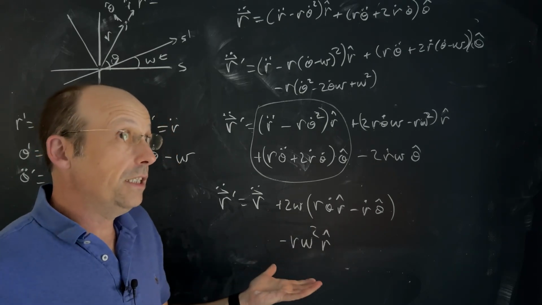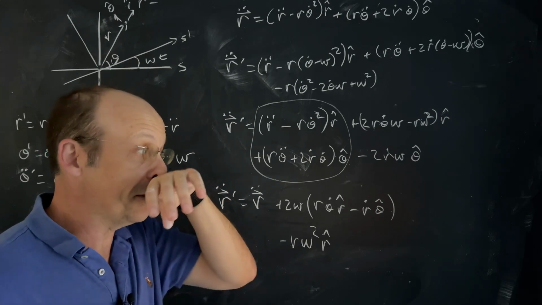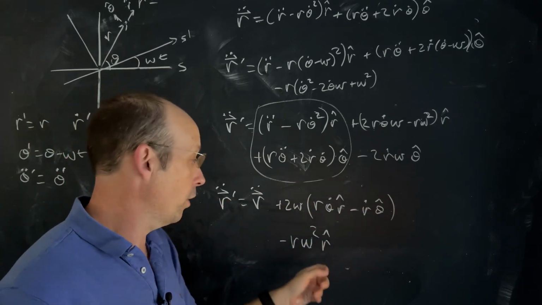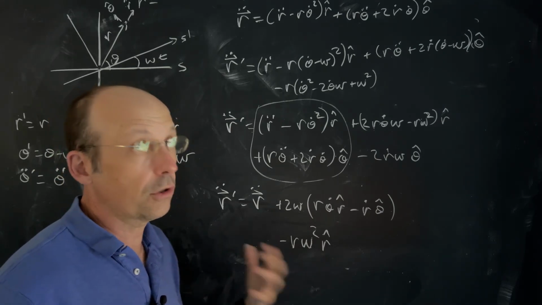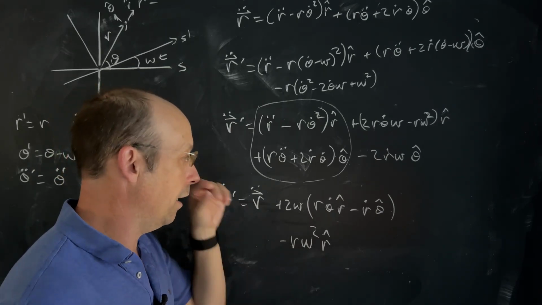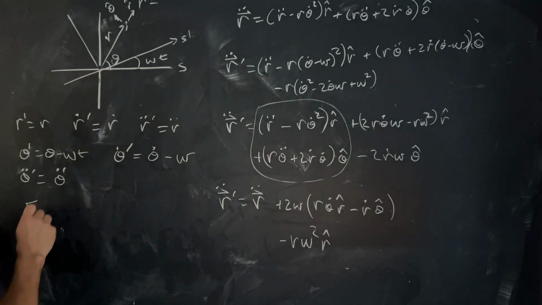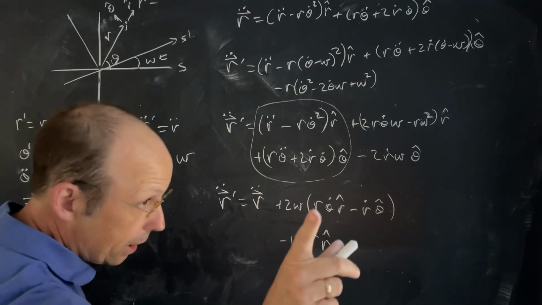And so these, if I want to make them as a force, just like before, I just need to take the opposite of these. So this is actually what we call the Coriolis force, and this is the centrifugal force. So those are our fake forces in a rotating reference frame. So let me write that over here before I forget. F core, and this is a vector in 2D, right?